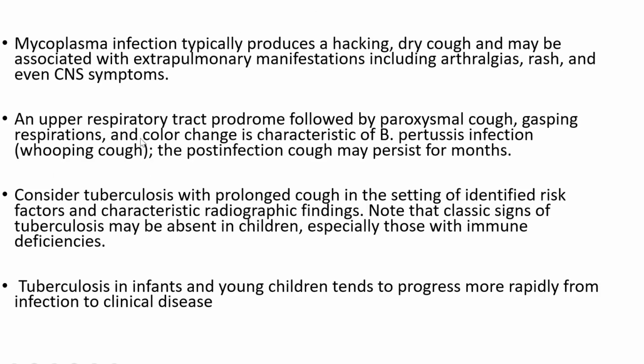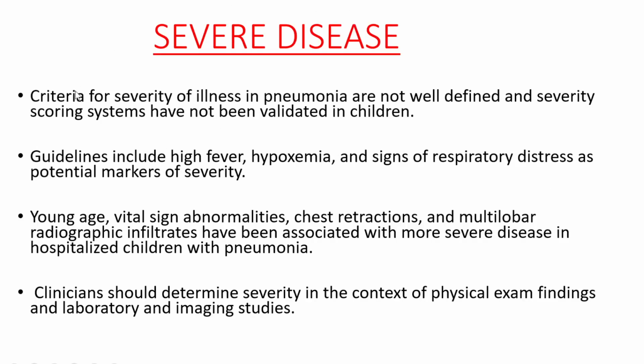As we have already discussed, if there is severe disease, the criteria for severity of illness are not well defined and severity scoring has not been validated. So the guidelines include high fever, hypoxia, and signs of respiratory distress as potential markers of severity.